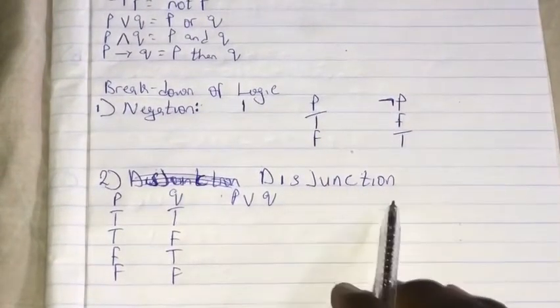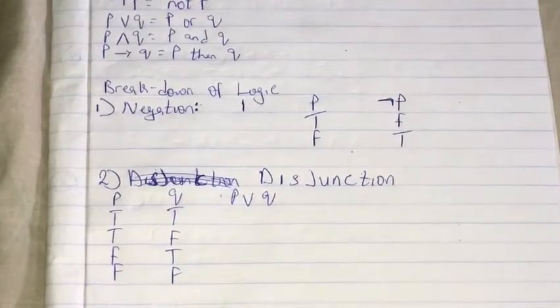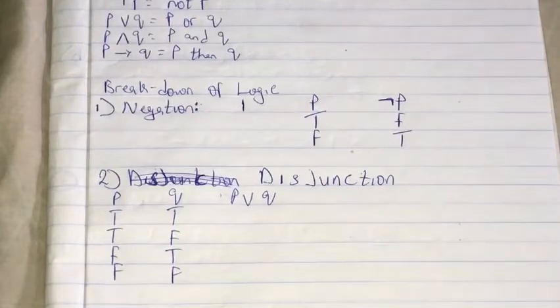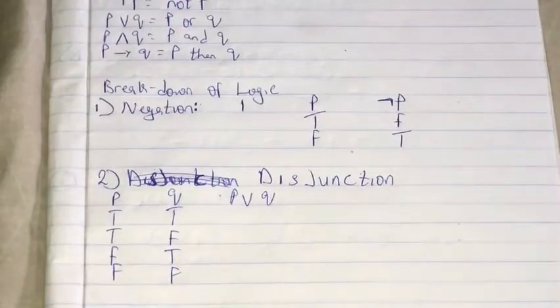If you don't understand, you can always comment in the comment section below. Then this is the disjunction logic. It says if P and Q are propositions, then the proposition P or Q, or the disjunction of P and Q, is true if P is true or Q is true, or if both are true, and is false otherwise. So with all those statements, this is what it means.